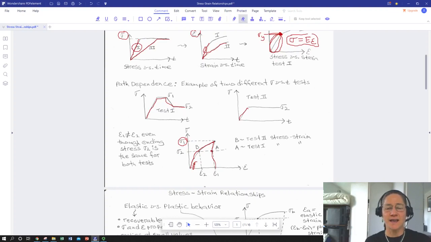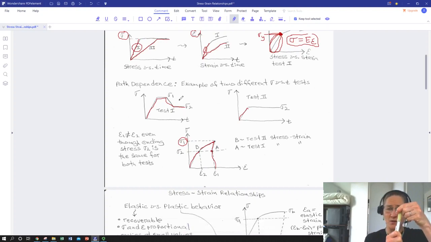If we look at our second test, where we never went to that high stress, we go to point B. So we go from 0 stress, we increase it to sigma 2. And we don't go any farther. We just sit there at sigma 2. We'll have strain 2. So if we're talking about a tensile test, in the case of test 1, I'm pulling on my pencil.